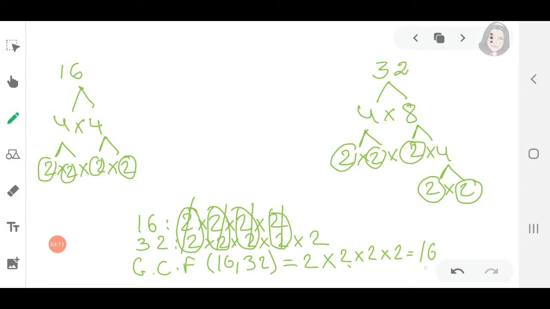Notice here that 16 is the greatest common factor because 16 is a factor of 32 and 32 is a multiple of 16.